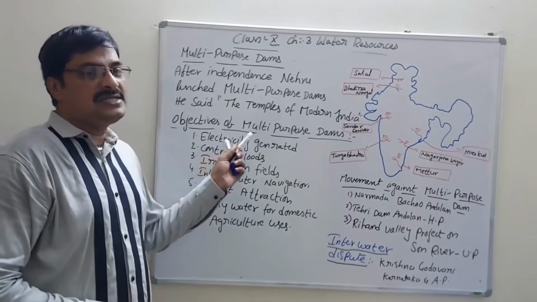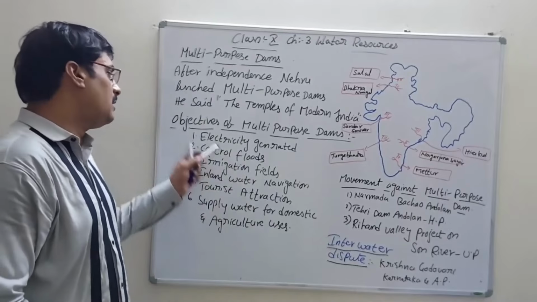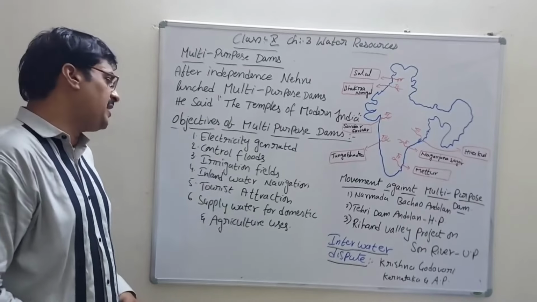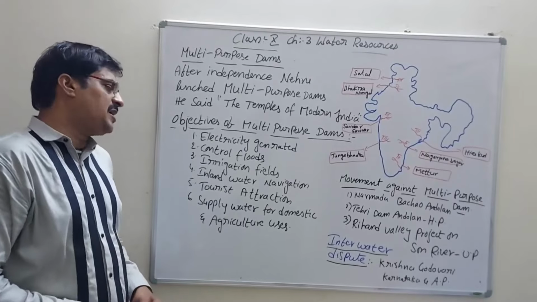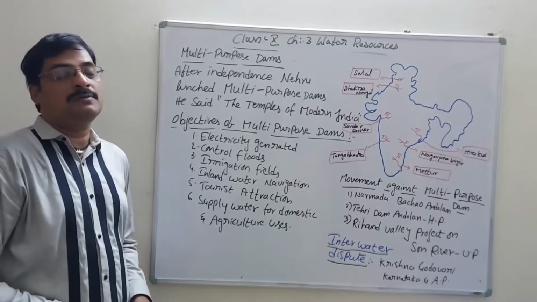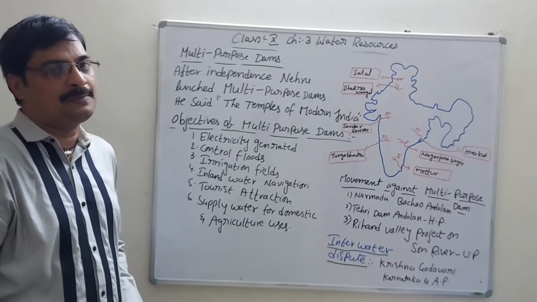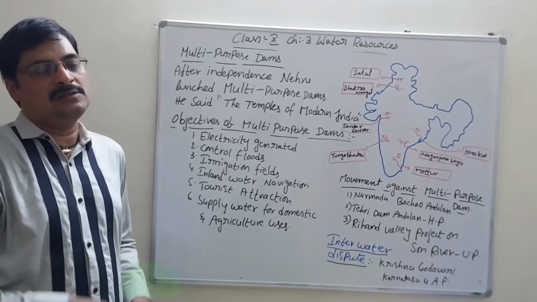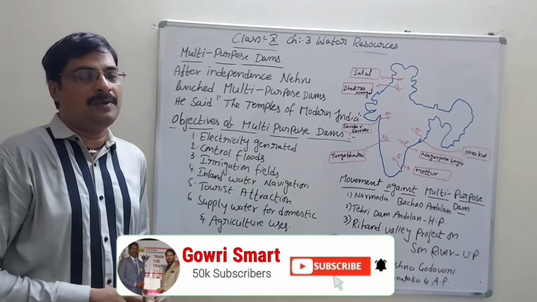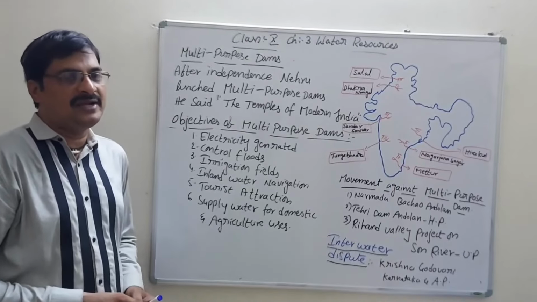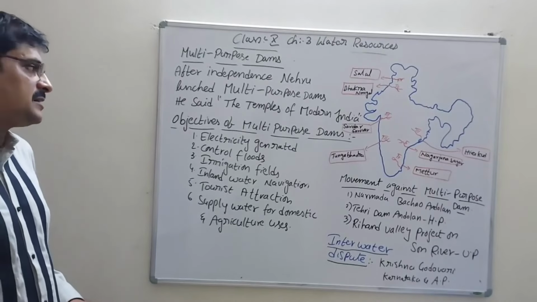Just write these points: electricity generation, flood control, irrigation, inland water navigation, tourist attraction, and supply for domestic and agricultural purposes. You can write elaborately on these points only, and we will surely get 5 out of 5 marks.